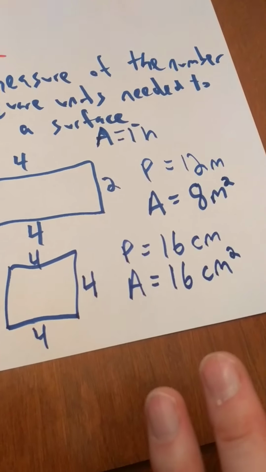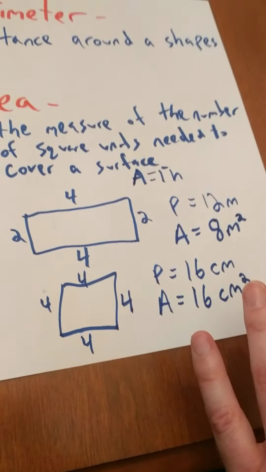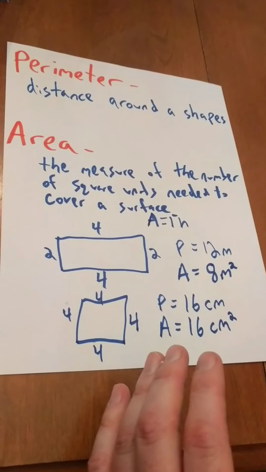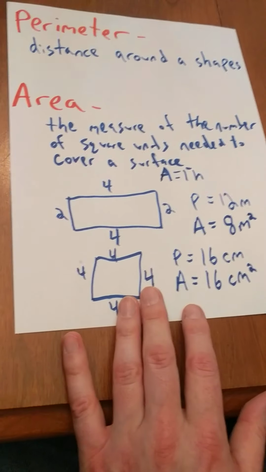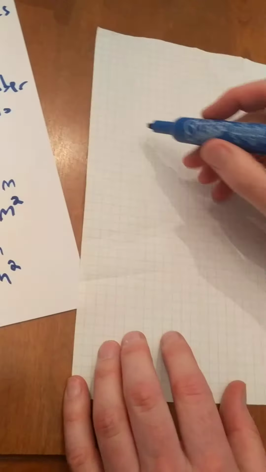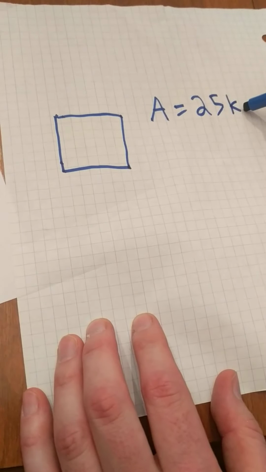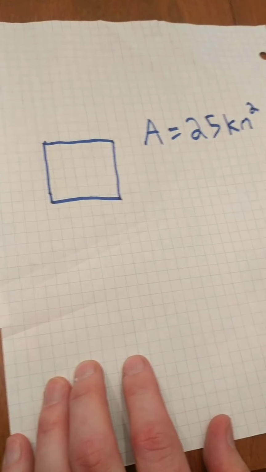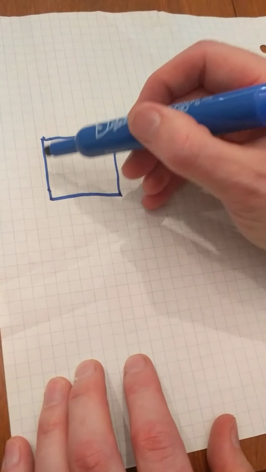What we might do is give you the perimeter, and you need to find a missing side, or give you the area, and you need to find the missing side. So if I told you that the area, let me see where I can write because I've run out of space. Let's use this graph paper. If we have a square, and I tell you that the area is 25 kilometers squared, and I ask you to find what each side of the square is, well, you know they're going to be equal.